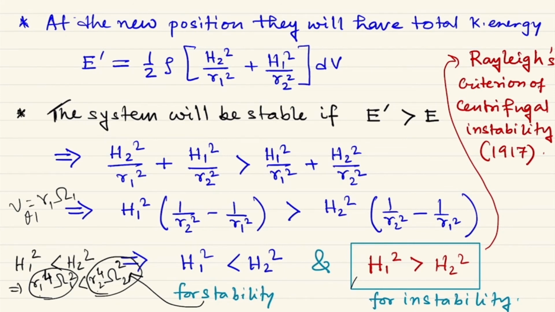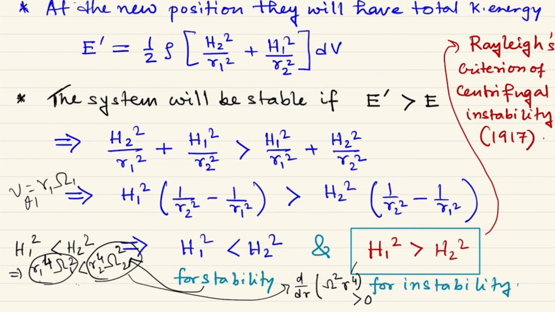In a differential way, if we exchange two volume elements between two concentric layers which are infinitesimally close to each other, then, because this is true for any layers, an equivalent way of writing this is d/dr of (omega squared r to the 4) is greater than 0.